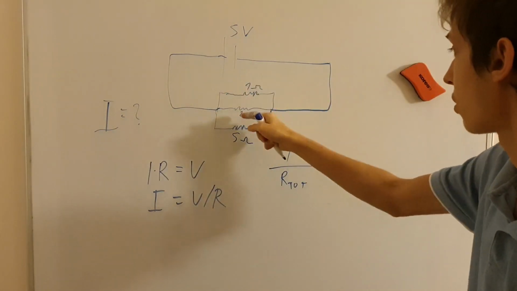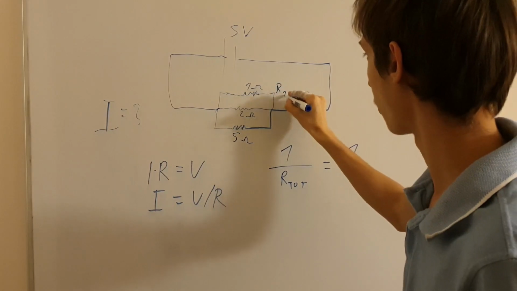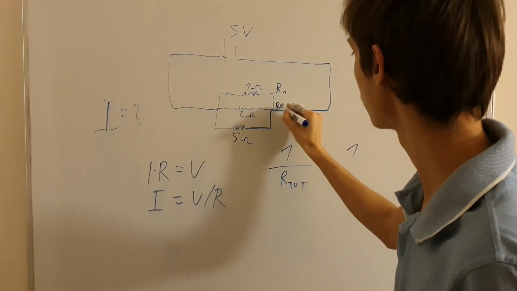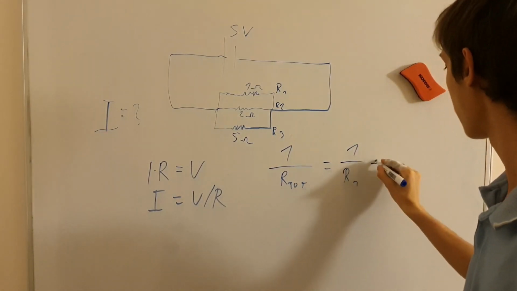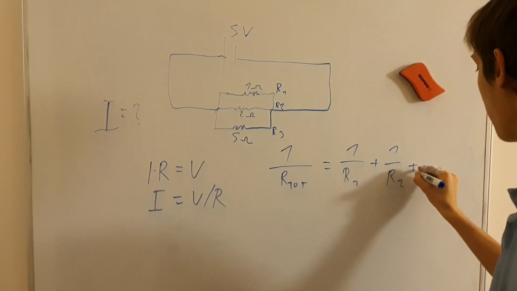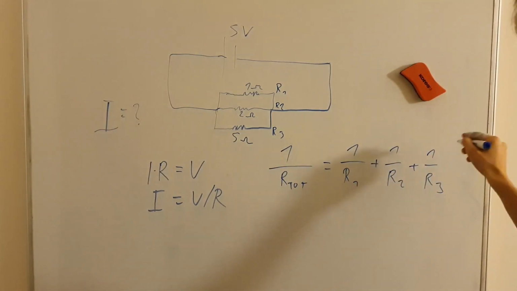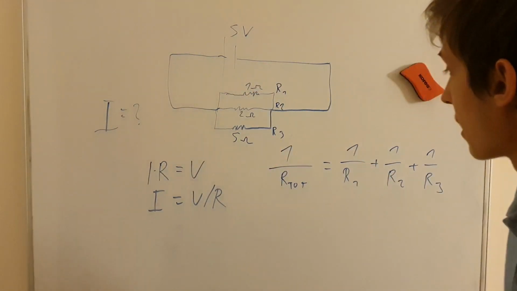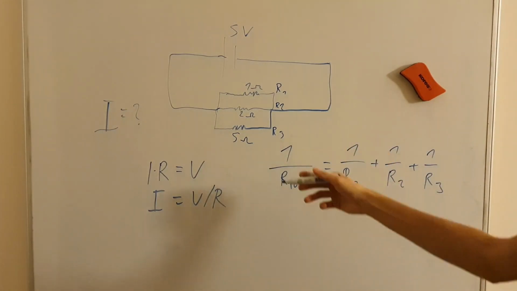So the total resistance of these 3 will be equal to 1 over, let's say this is R1, this is R2, the middle one, the 2 ohms, and this is R3, the 5 ohms. So it's 1 over R1 plus 1 over R2 plus 1 over R3. So using these R1, R2, R3 resistances, I can reach the R total resistance using this equation.